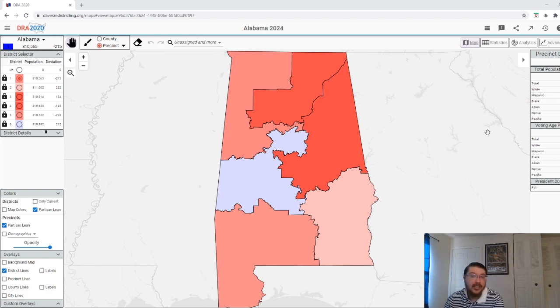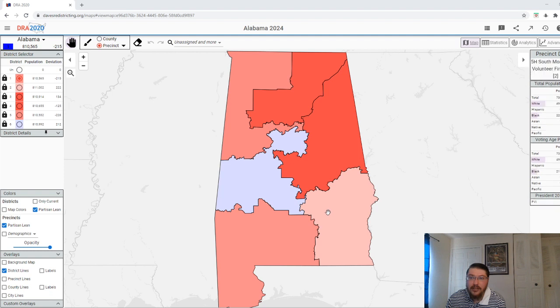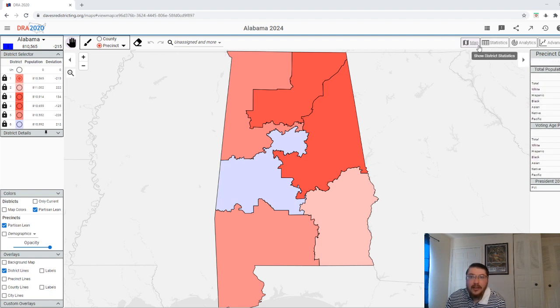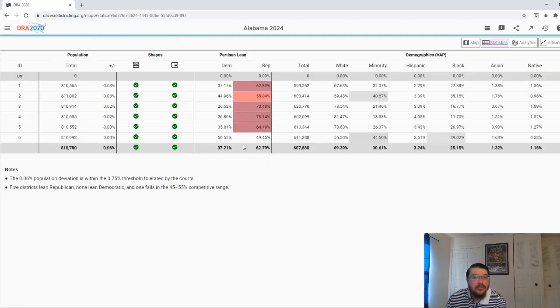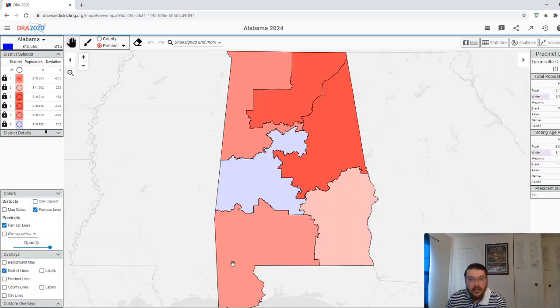I'll try and get it done by the end of the year, but I think it's certainly an interesting idea. Now, I tried to be as fair as possible, but also vaguely follow the Voting Rights Act, and also try to ensure that the districts are compact.